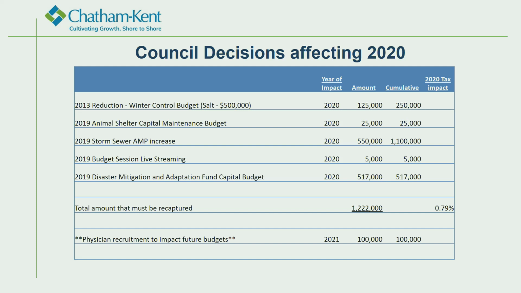In 2013, the council of the day made a budget cut of $500,000 out of the winter control budget, specifically for salt materials, but also directed administration to purchase the same amount of salt as the previous year. There was no cut in the level of service, just we're not paying for it.